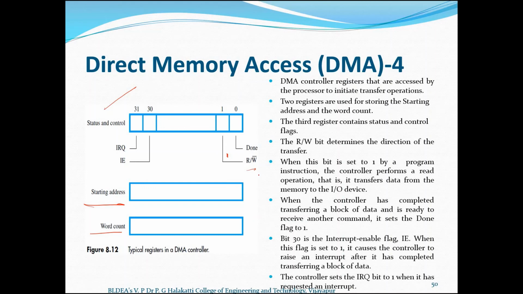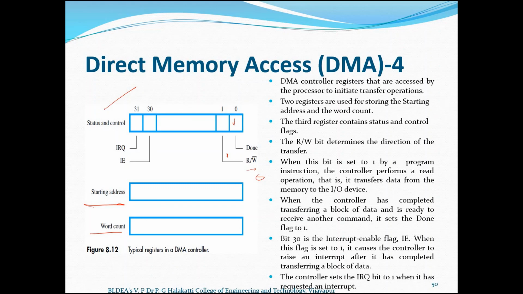When this bit is set to 0, the DMA controller performs a write operation, that is, it transfers data from the input device to memory. When the controller has completed the transfer of a block of data and is ready to receive another command, it sets the done flag to 1.